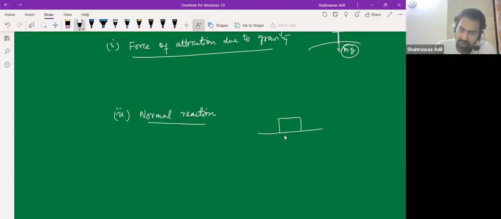This surface will apply some force, and that surface will apply some force, and these would be perpendicular to each other. Let's say the surfaces are like this.